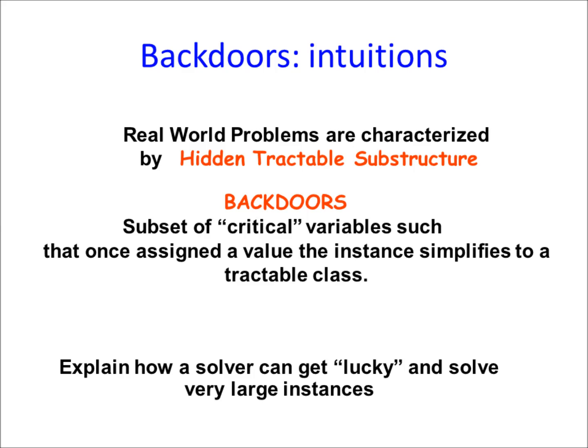The formalization of this is called backdoors. The idea is that real problems, not random, real problems have hidden, tractable substructure. And that is why we as people are able to solve those, because there is some structure that we are able to recognize.